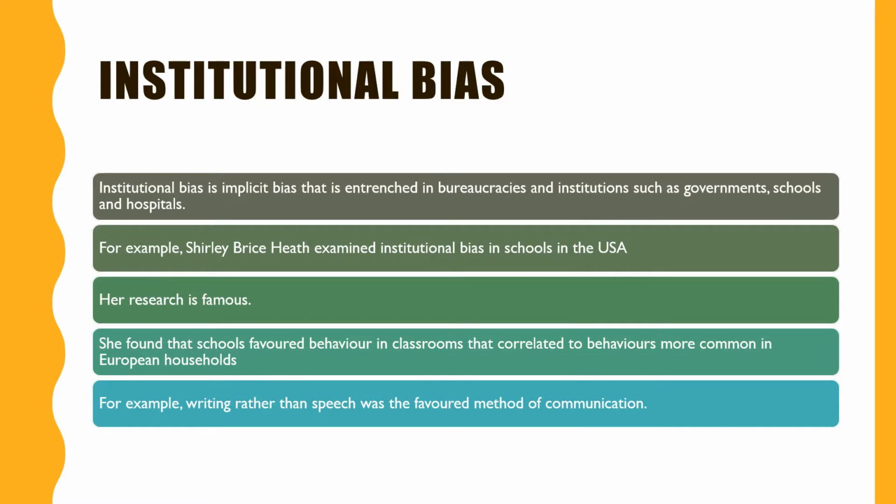One of the effects of implicit bias is that because individuals, and we all have implicit bias, as groups of individuals, we create institutions that carry that bias with them. Institutional bias is bias that is entrenched in bureaucracies and institutions like government, schools, and hospitals.